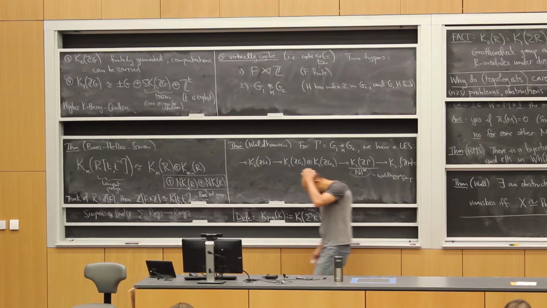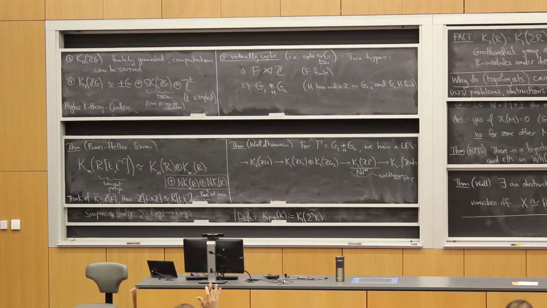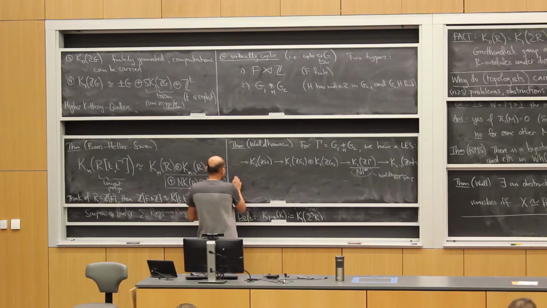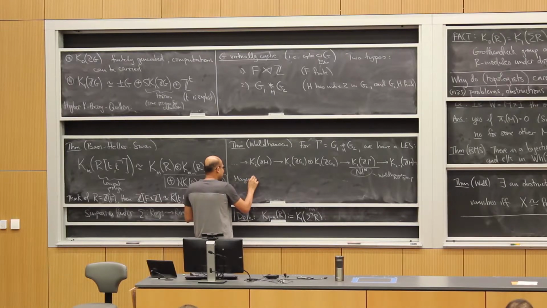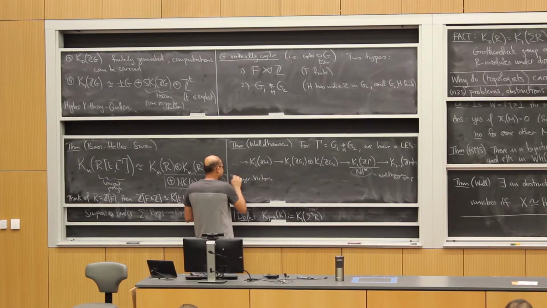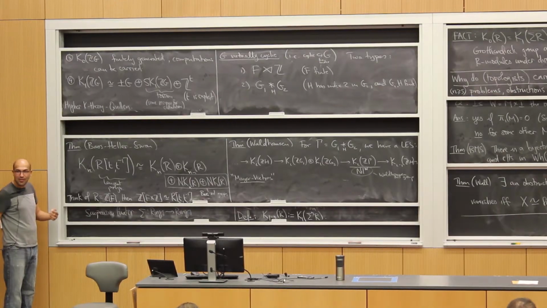So does anyone see it? Yeah. So this kind of looks like a Mayer-Vietoris. Exactly. And this, on the other hand, looks kind of like the Künneth formula.